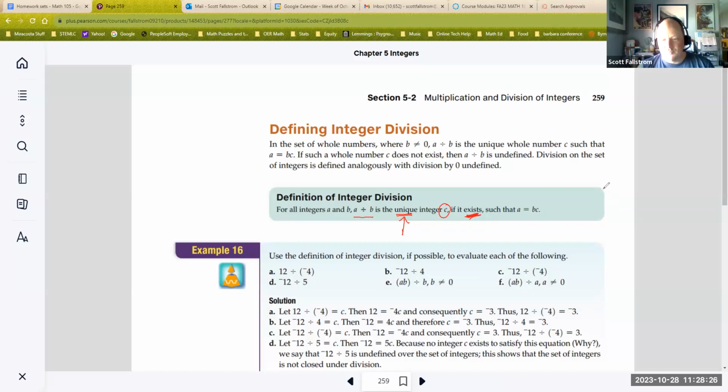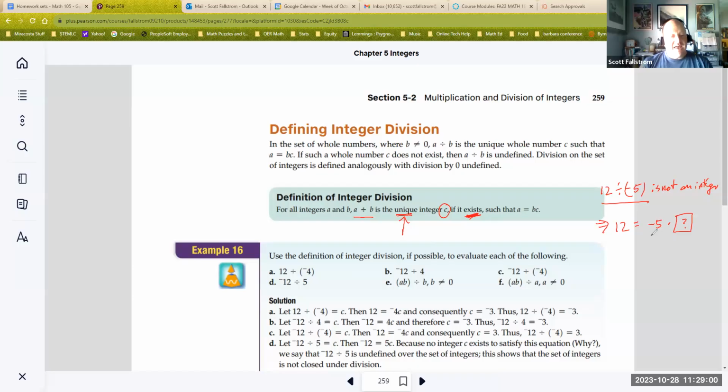That's why if you had a problem like 12 divided by -5, you'd say, well, let's see here. 12 is equal to -5 times what integer? And you could try -2, that gets you to 10. You could try -3, that gets you to 15. And you would say, I've got a real problem here. There is no such integer. So 12 divided by -5 is not an integer.